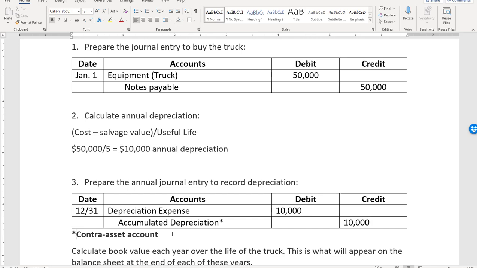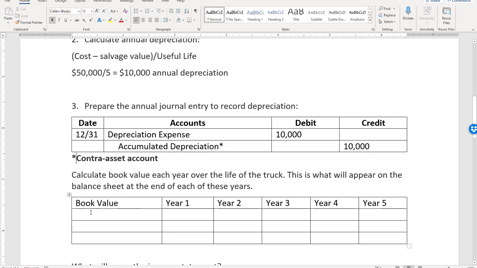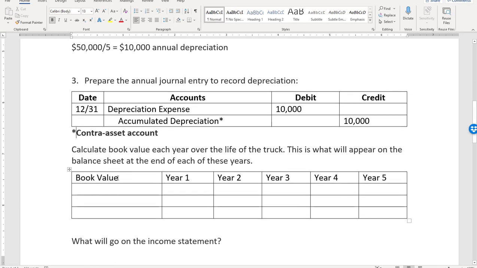So let's see what that looks like. Book value of an asset is equal to, let's put a double star here, so we can say what book value is equal to. Book value, again, I know this can be a little frustrating, but book value in accounting is not the same as book value of your car, right? You can go and look up a book value of your car. Book value in accounting is equal to cost, the original cost, minus accumulated depreciation to date.